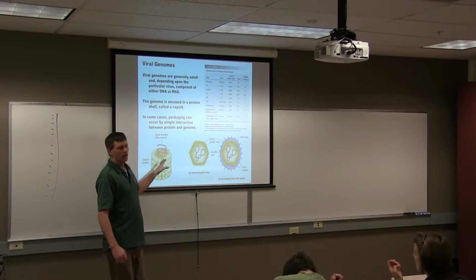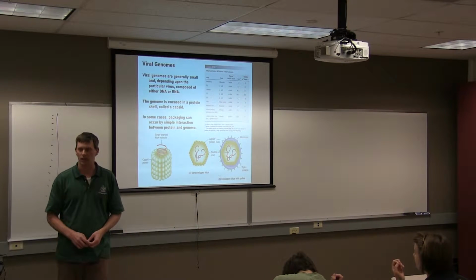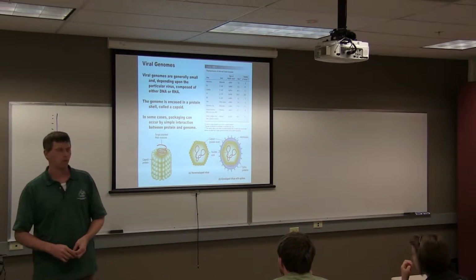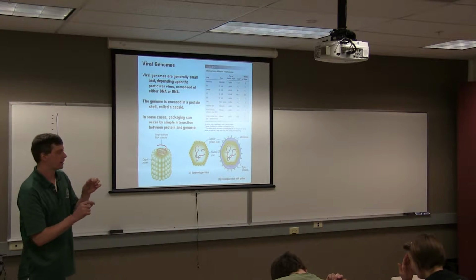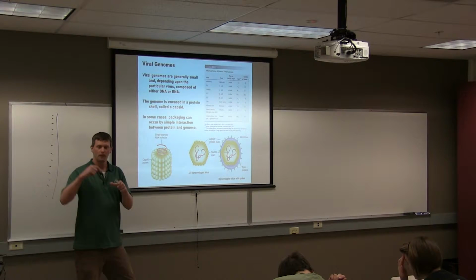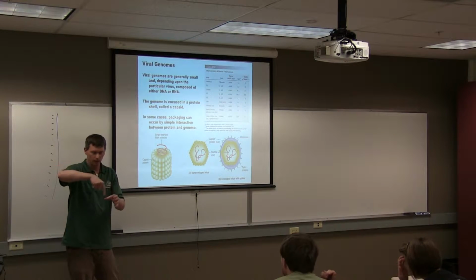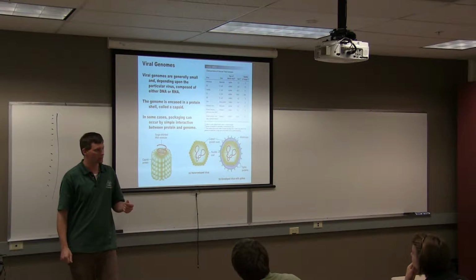So this is probably tobacco mosaic virus, and it forms basically this long cylinder-shaped structure. The genome happens to be RNA, and the RNA kind of coils around, and proteins grab onto it. The proteins have a lot of positive charges.